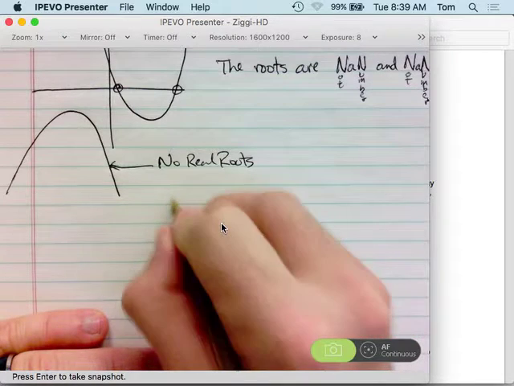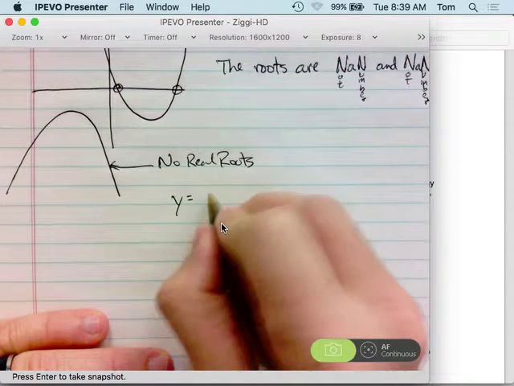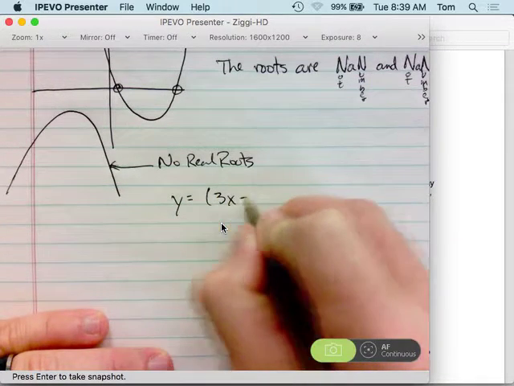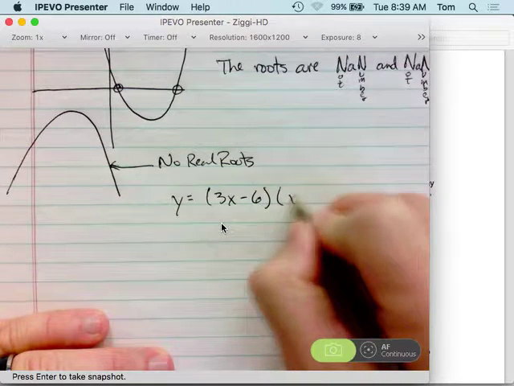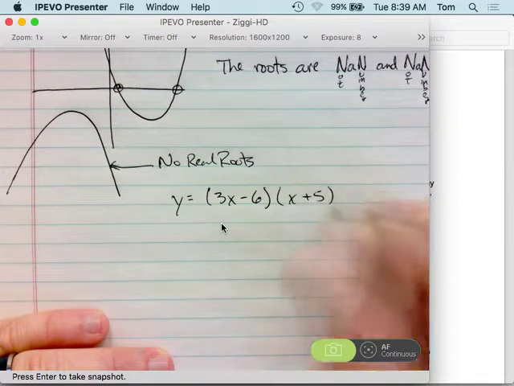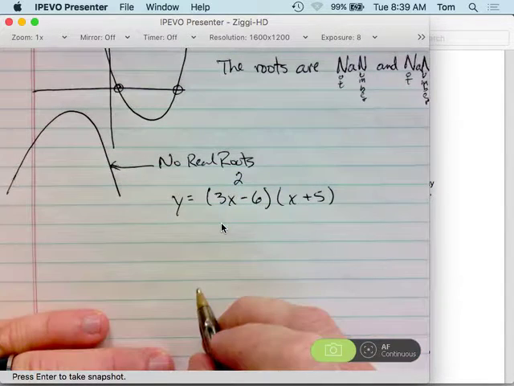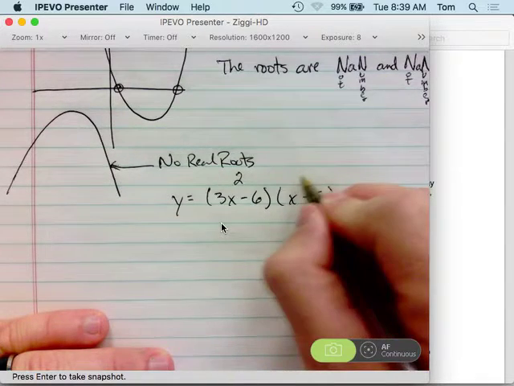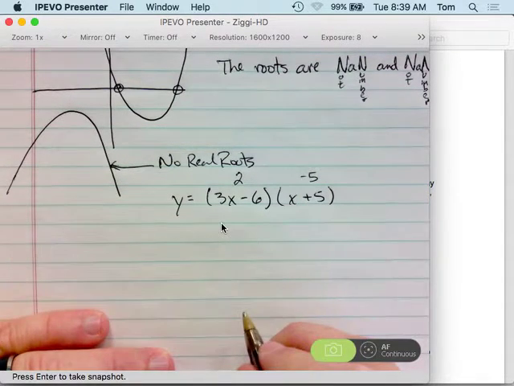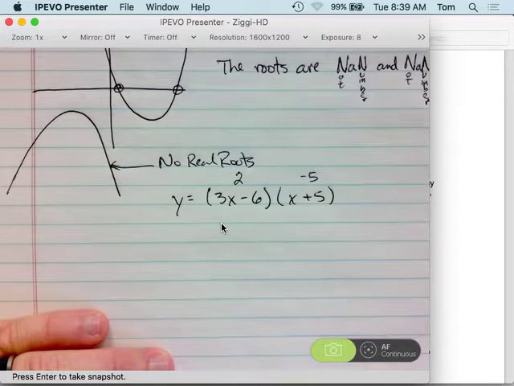So let's say that y equals, and let's just come up with some things that give us roots. So 3x minus 6 would give us a root of 2. Does that make sense for everybody? x plus 5 would give us a root of negative 5. Okay? So now I know what my expected output is: 2 and negative 5.